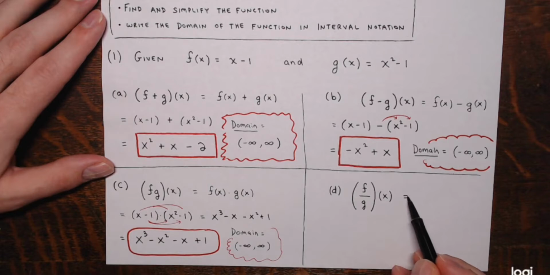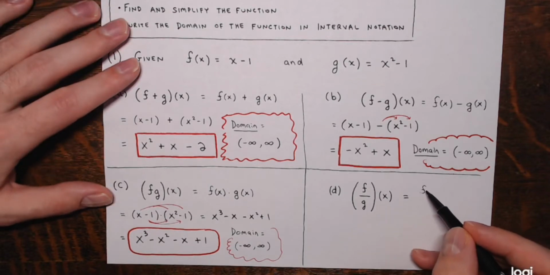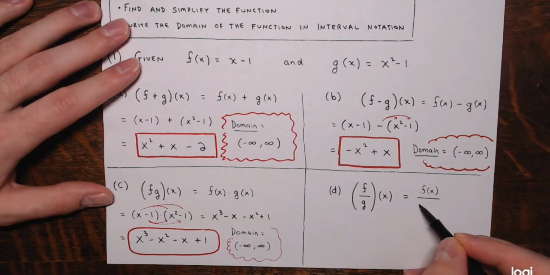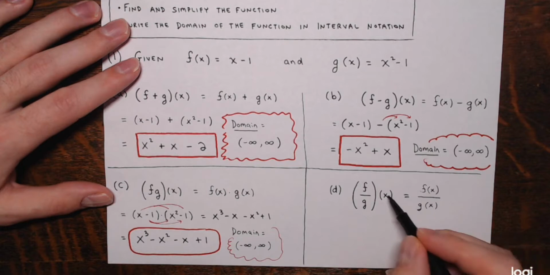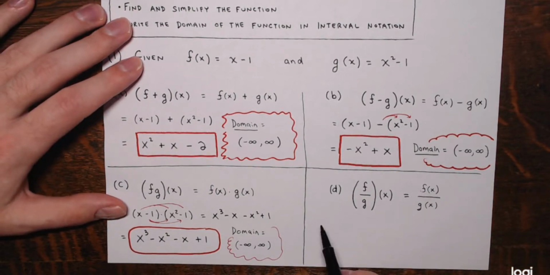And again, it's telling you what to do. You take the output from f and divide it by the output from g. So these are the same expression here. Both mean the same thing. So f, the numerator, will be x minus 1. The denominator is x squared minus 1.